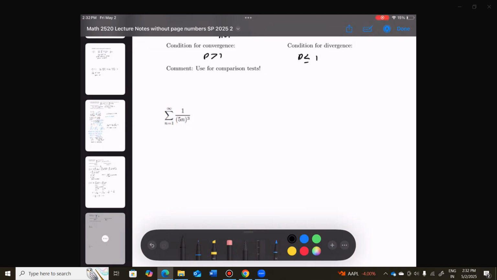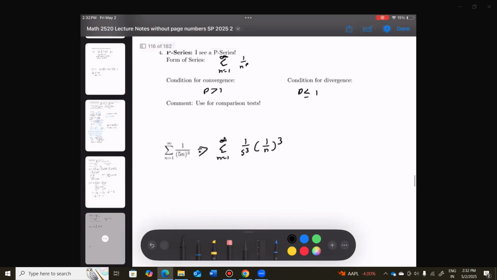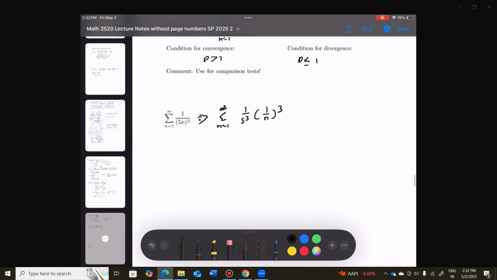So here, if we adjust this, we get 1 over 5 to the third times 1 over n to the third. Let me write this a little different so it matches the form.